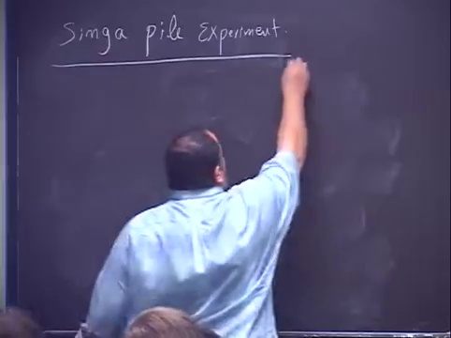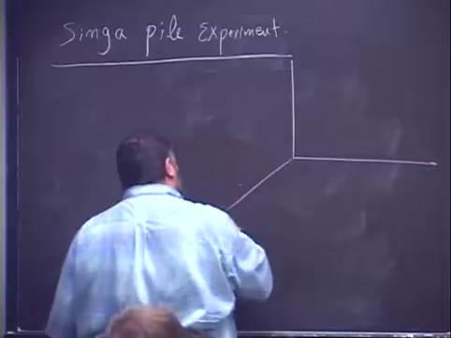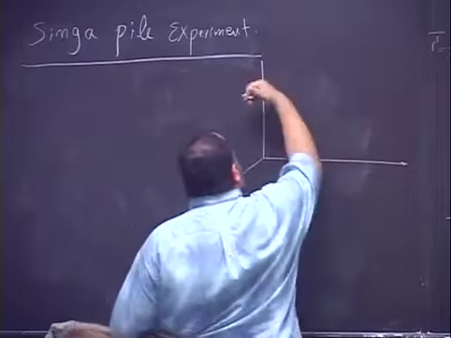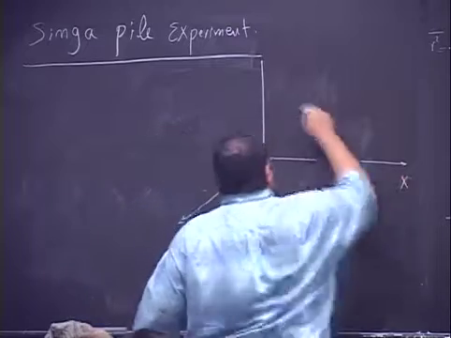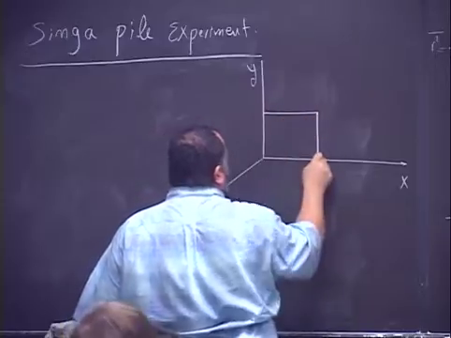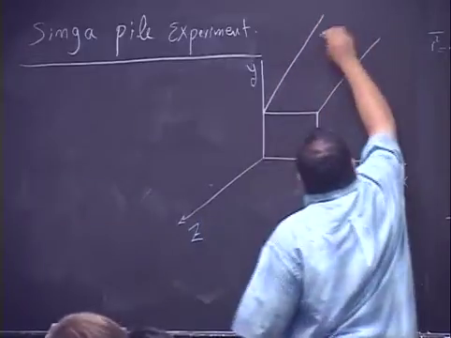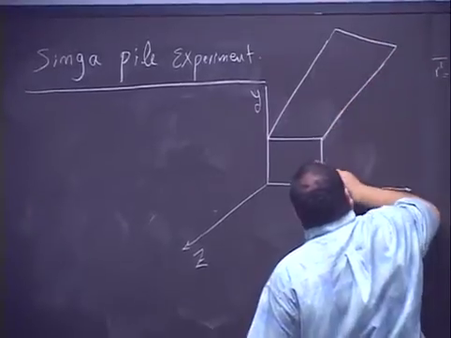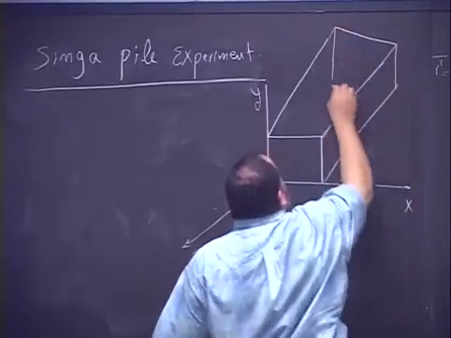And the sigma pile is just, here is the dimension. This is Z, and this is X and Y. So you just have a barrel-shaped tank, and you fill it with water. Let's say that this is a long tank.